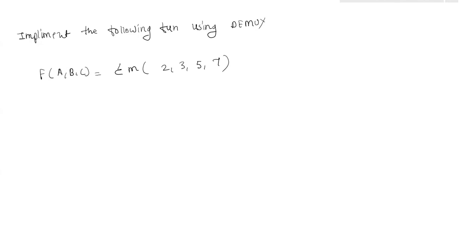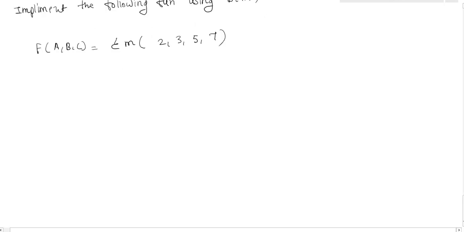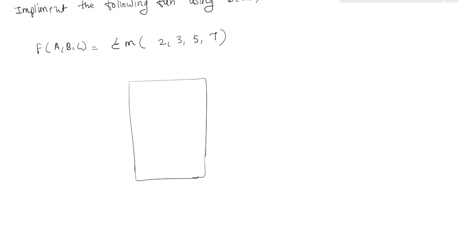Now to implement the function by using a demultiplexer, what do we have to do? We have to select the min terms from the function and OR them together to give the particular output. Now let's say I have a demultiplexer. My first task is to identify what type of demultiplexer is required to implement a particular Boolean function.